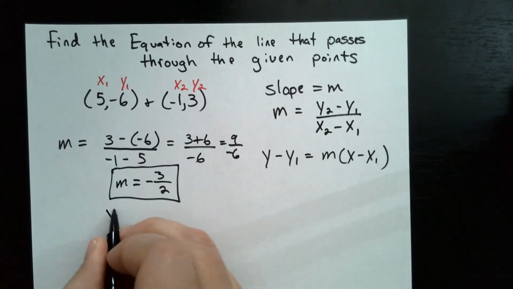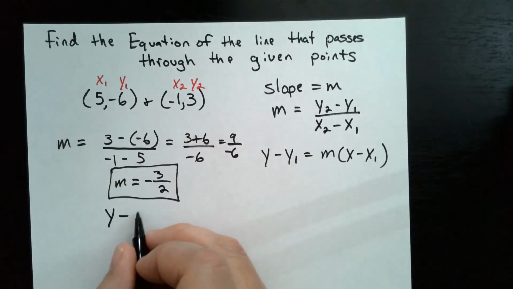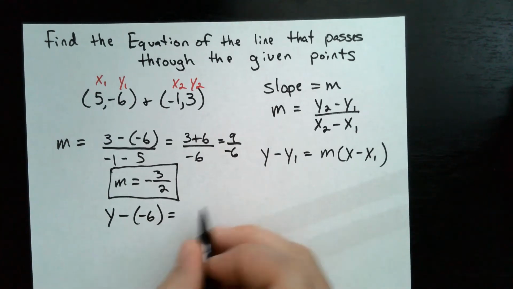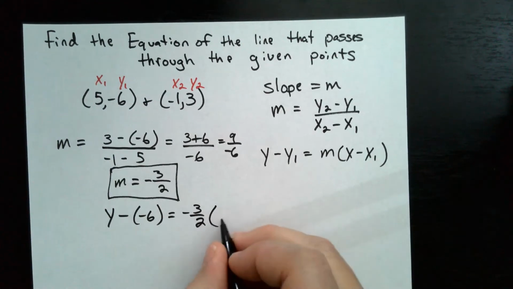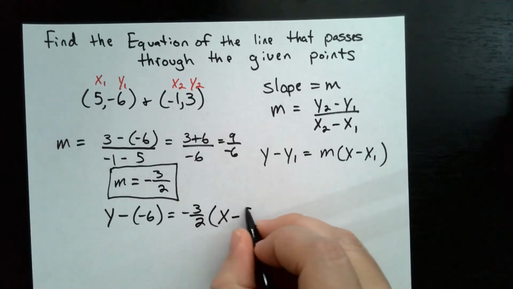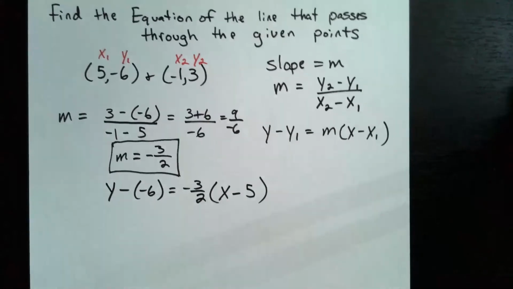In place of y1 I'll put negative 6, so y minus a negative 6 equals our m, which is negative 3 over 2, times x minus 5. That's the equation of the line, but we do need to simplify it.